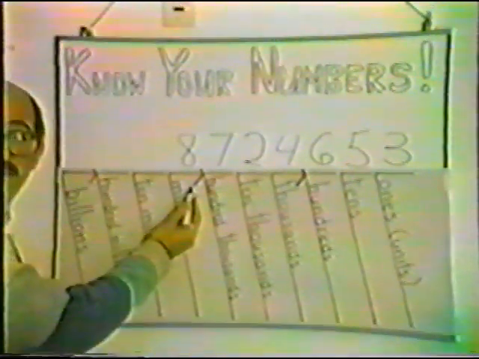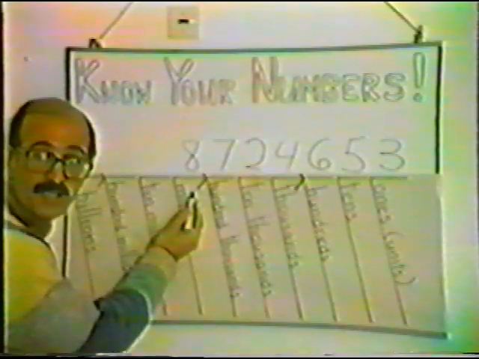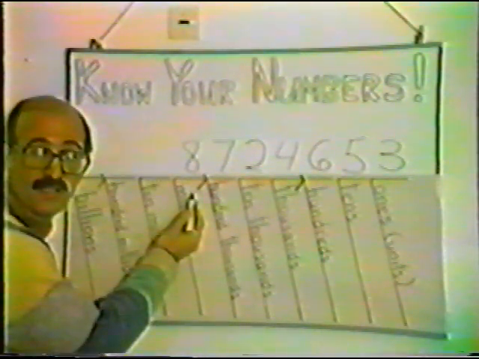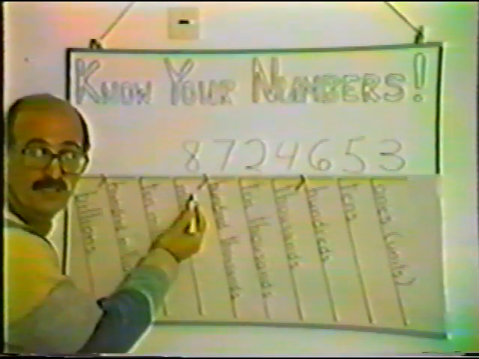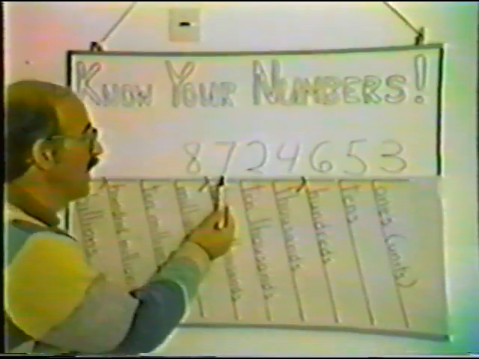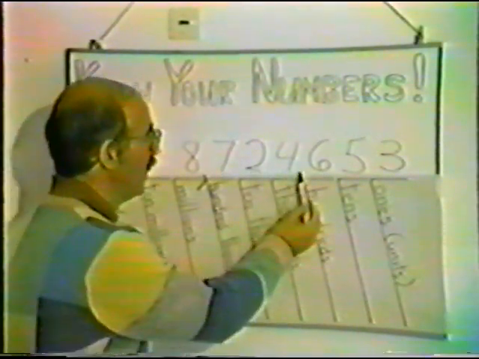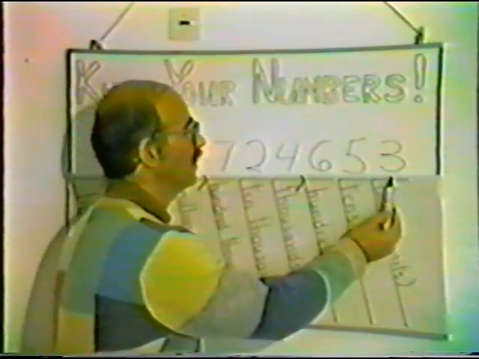This comma is our million comma. And we say whatever number comes in front of that, and then we say million. So we say 8,724,653.